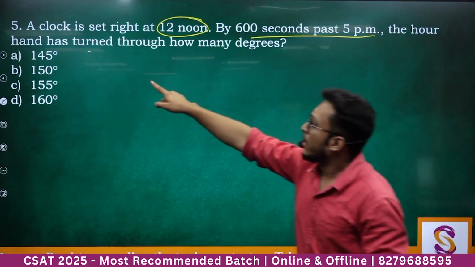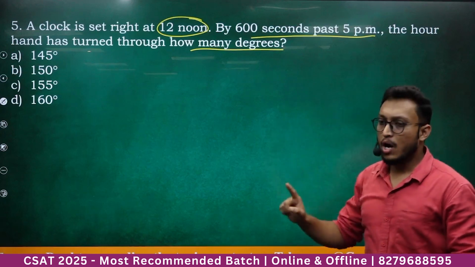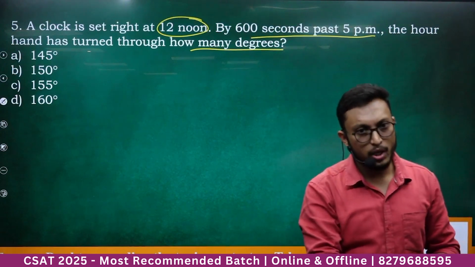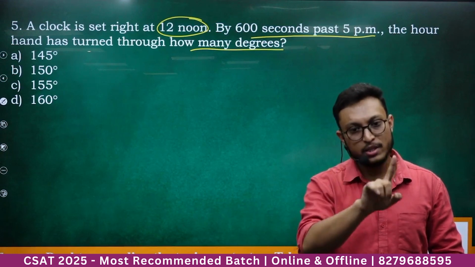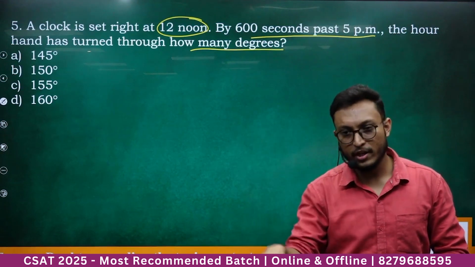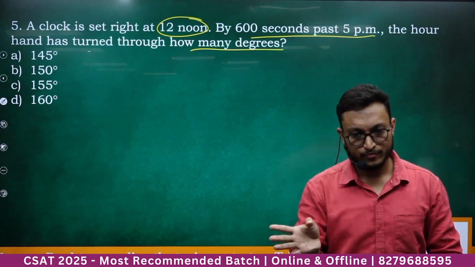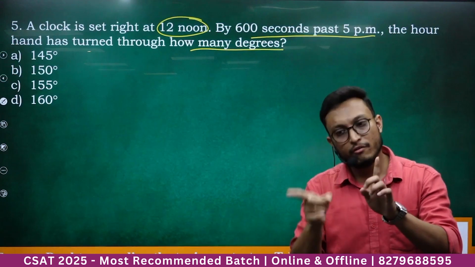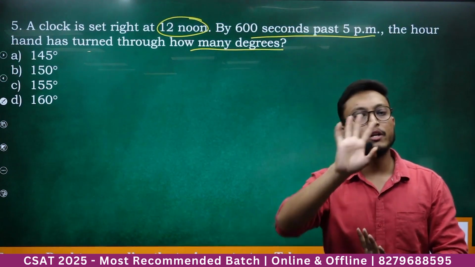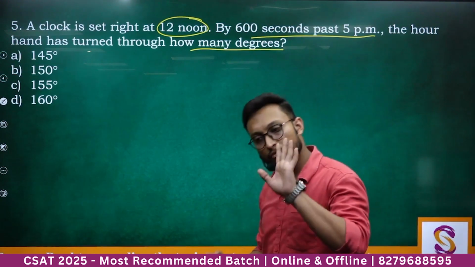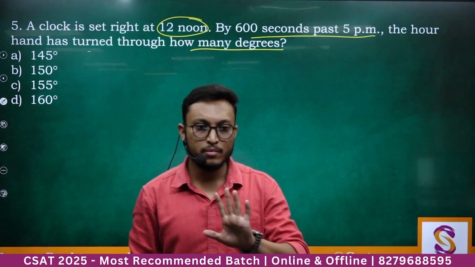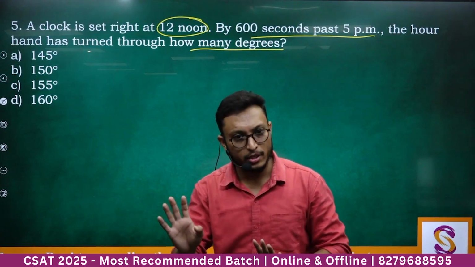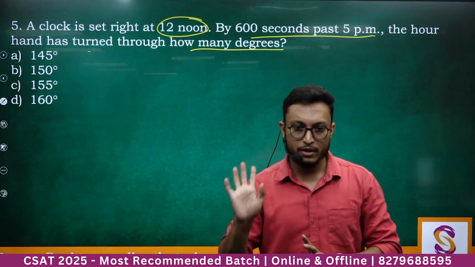The R hand has turned through how many degrees? So R hand कितना टर्न करा? From 12 till 5:10. Imagine from 12 till 5:10 कितना टर्न किया? From 12 till 5, how many sectors? 5 sectors, each sector is of 30 degree, मतलब 150 degree it has turned from 12 till 5.